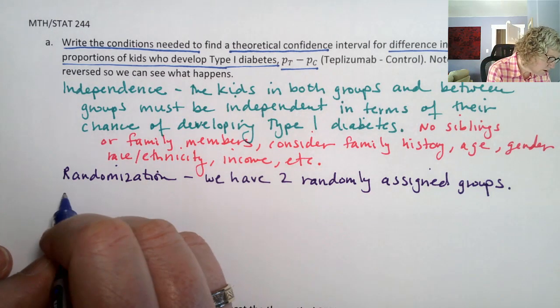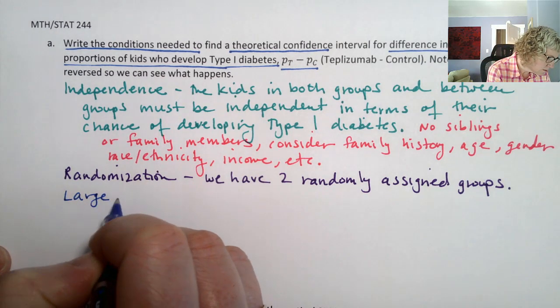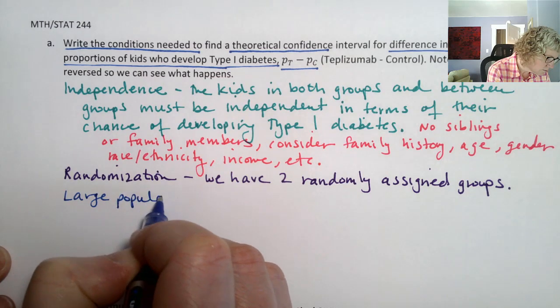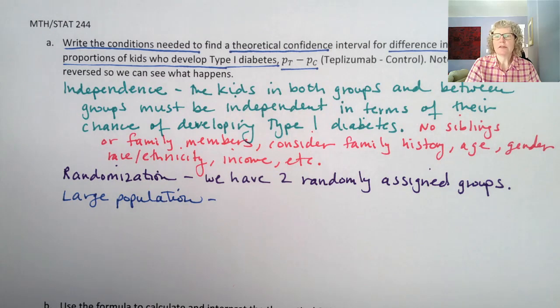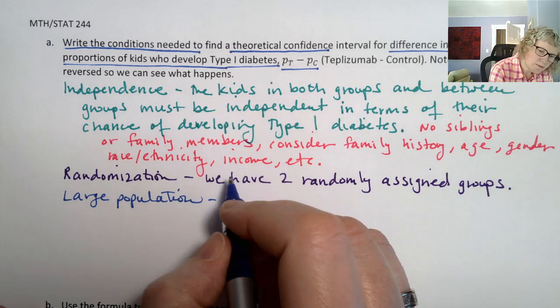Okay, next one is large population. This one's interesting because sometimes we have people coming from two different populations, and so we would want to specify those individually. But here we have kids, and they're both kids in the same population.